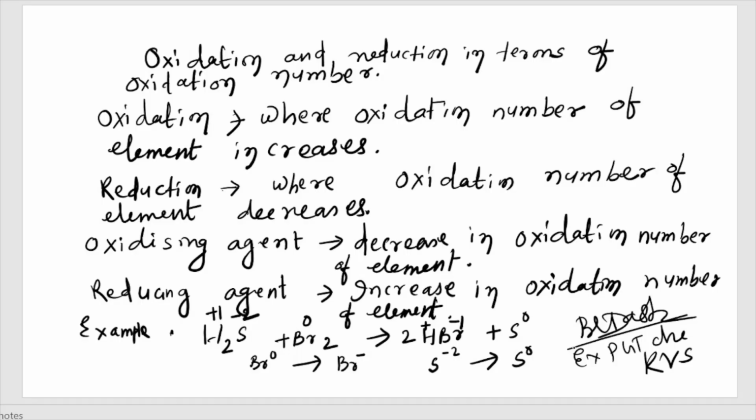So what is oxidation? Where the oxidation number of an element increases, suppose plus 2 to plus 3, or plus 1 to plus 3. And reduction is where the oxidation number of an element decreases, that means plus 4 to plus 2, that decrease of oxidation number is called reduction.